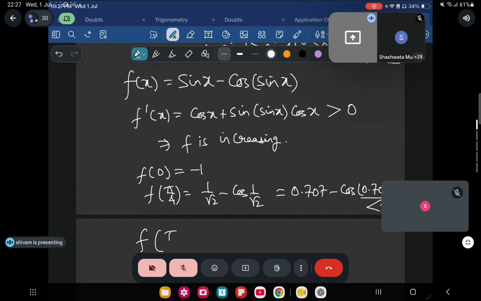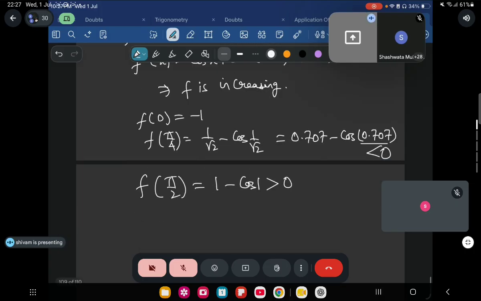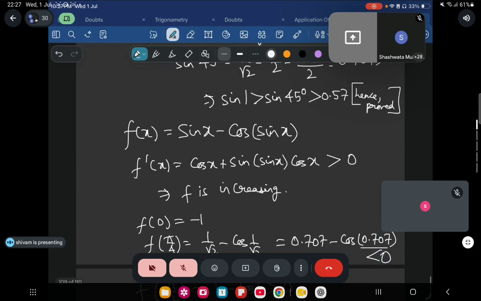What is f of pi by 2? F of pi by 2 will give us 1 minus cos 1, which is of course greater than 0. That means there exists at least one root, but finding the value is very difficult here.